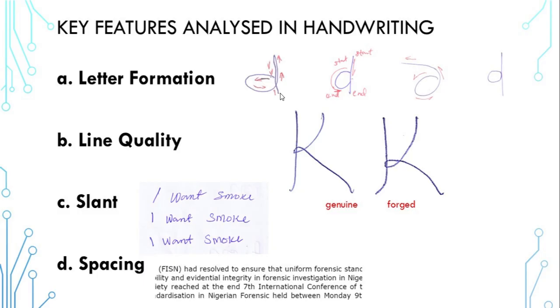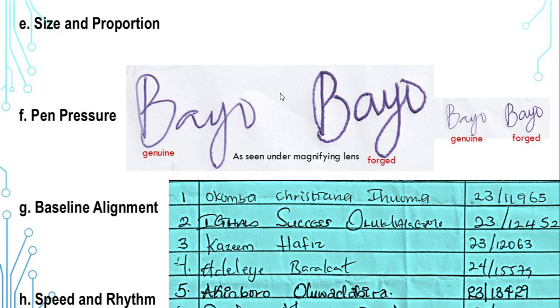The next feature is size and proportion. Look at your screen. A word is written there: Bayo.